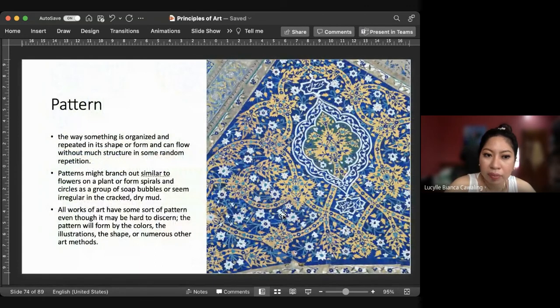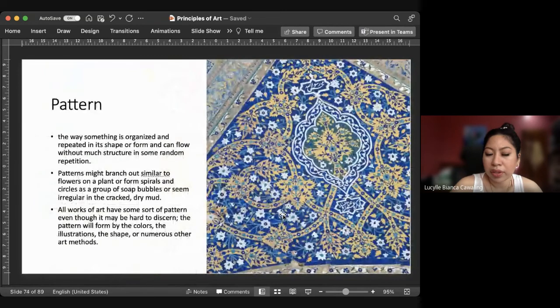And you also have patterns. A pattern can also give out a sense of unity, balance, harmony, and rhythm because the elements here are repeated and they have also a sense of structure, although the repetition might be random.